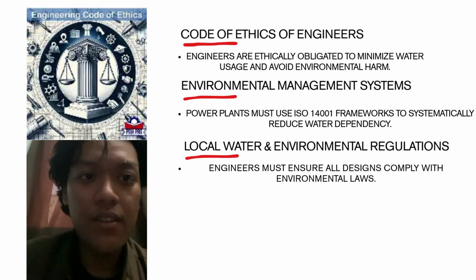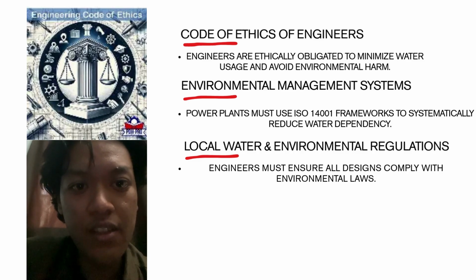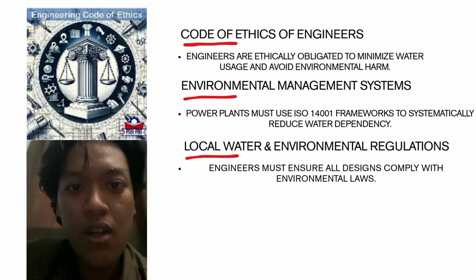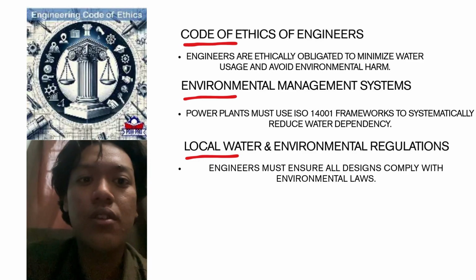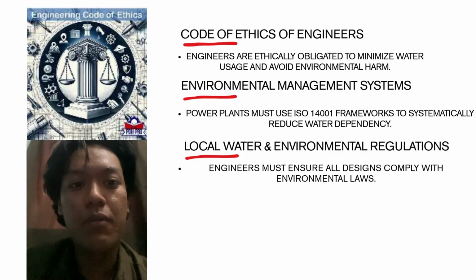For the next slide is ASME ethics, ISO 14001 and local regulation. The ASME Code of Ethics requires engineers to minimize environmental harm, including water usage. ISO 14001 ensure organization continuously reduce water consumption through proper environmental management.